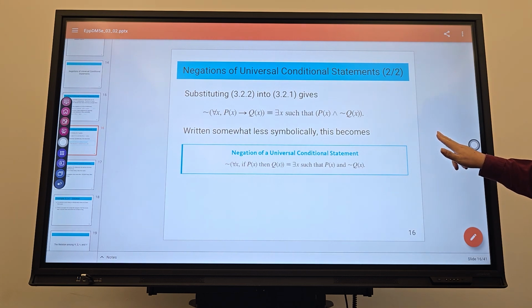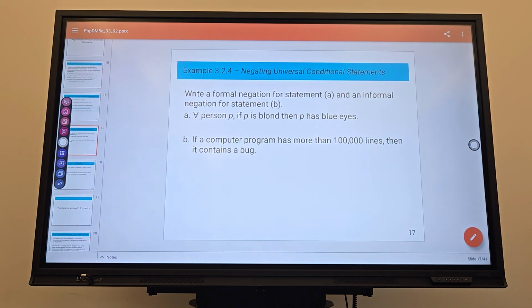So, a formal negation for a statement and an informal negation for a statement. There exists a person P such that P is blonde and P does not have blue eyes.